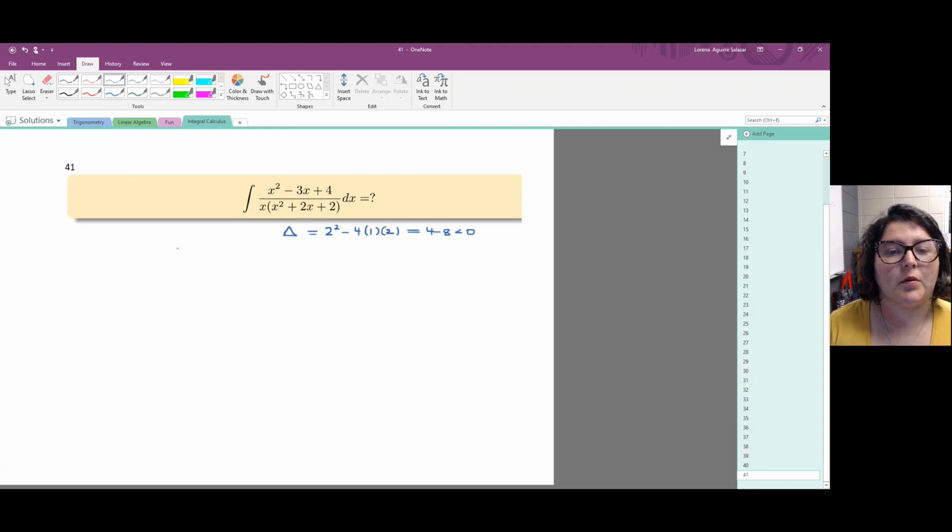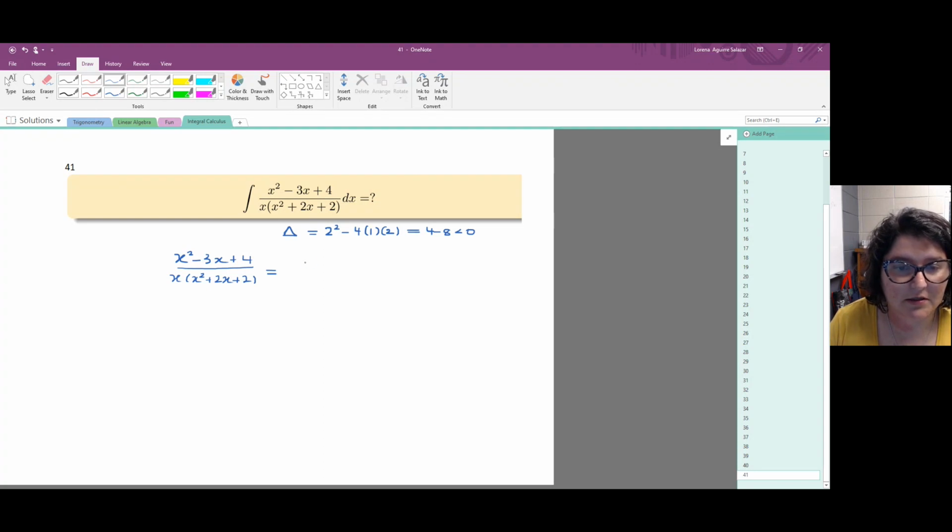To work with this problem, we want to set the integrand, the function we're integrating, equal to a sum of fractions that look simpler, that are easy to integrate. And because we already have the decomposition of the denominator, we can tell that the factors induce the following decomposition.